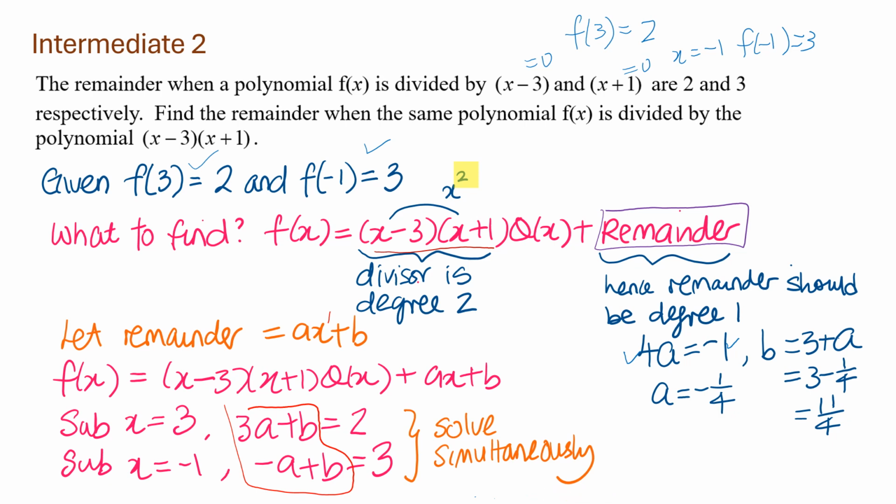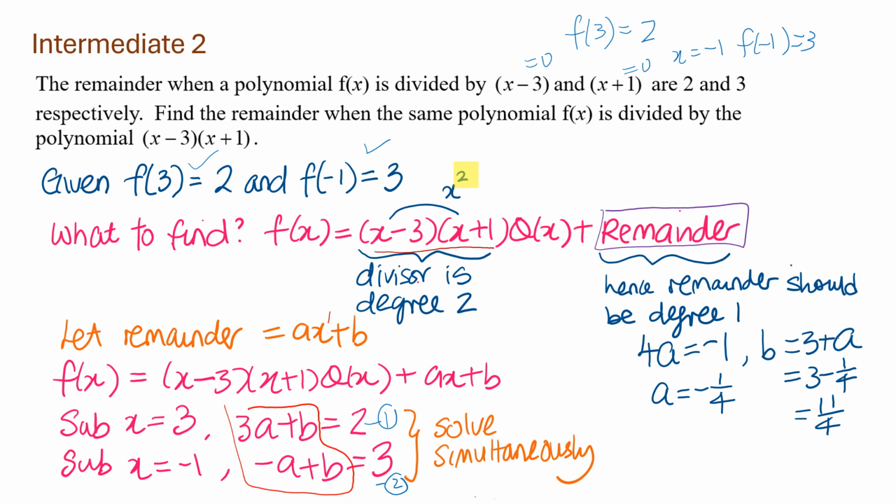So after finding the values of a, alright, we still have to find the values of b. So we can just substitute into the first or the second equation here, because basically we have two equations here, so you can substitute into first or second. And if I'm not wrong, I actually substitute into equation 2, making b the subject.